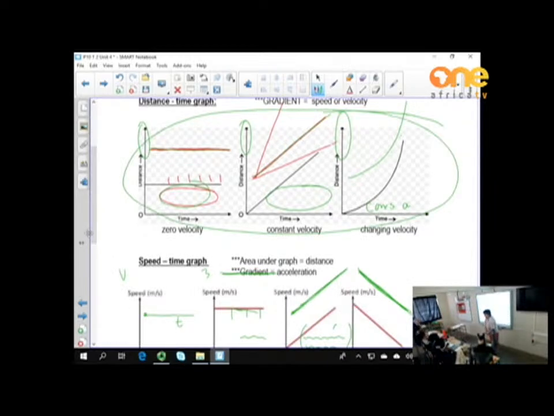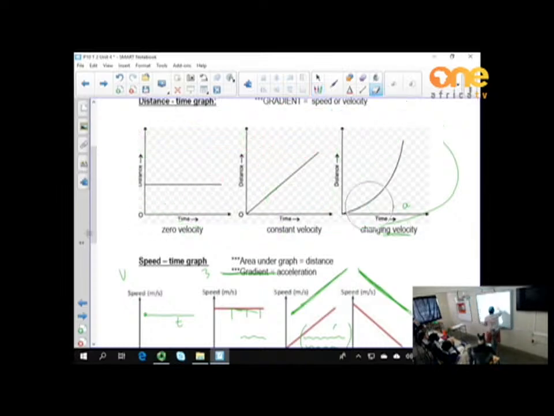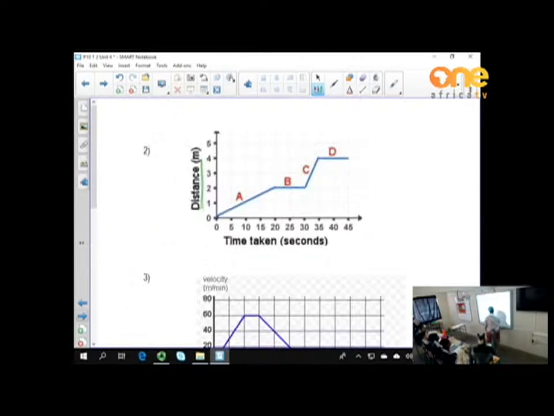Okay, distance time graphs. That one is zero velocity, that one is constant velocity, and this one is changing velocity. I'm sorry, the board moved, so everything is disrupted. Okay, so we must work with these graphs. So let's go and have a look.